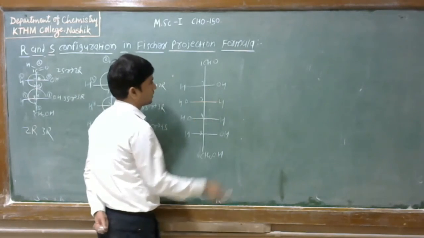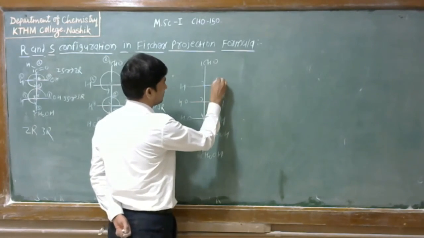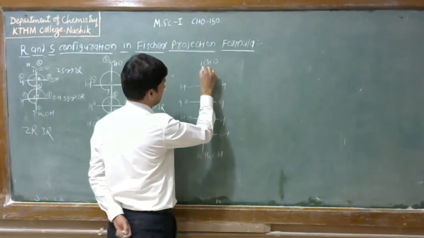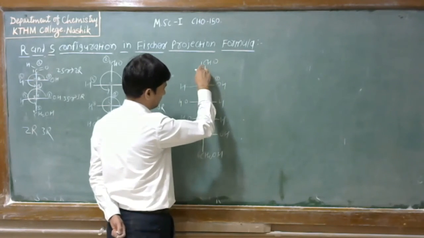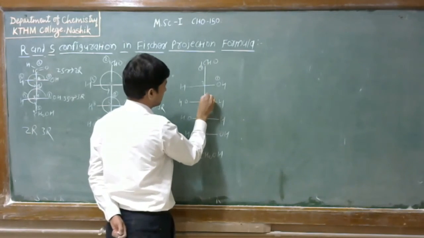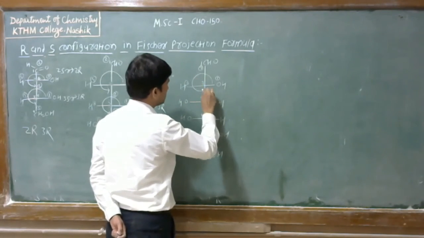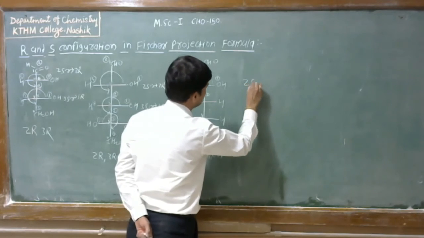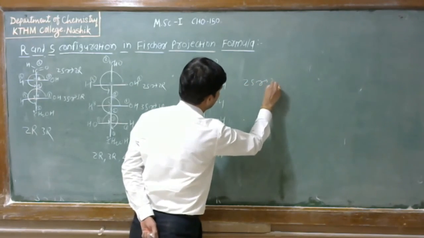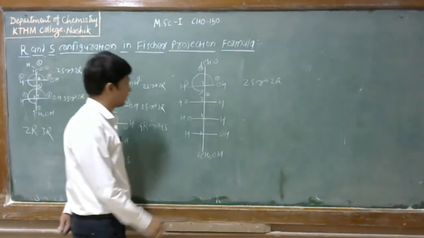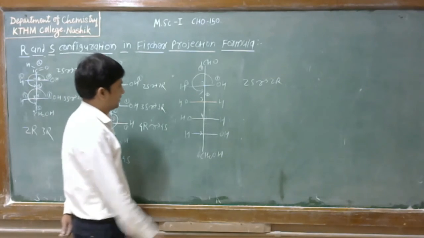So about the 2 chiral carbon atom, hydrogen group has first priority, this group has second priority, this has third priority, and this is fourth priority. So we move from 1 to 2 and 2 to 3. So therefore this is 2S, which converts into 2R because hydrogen is on the horizontal line.